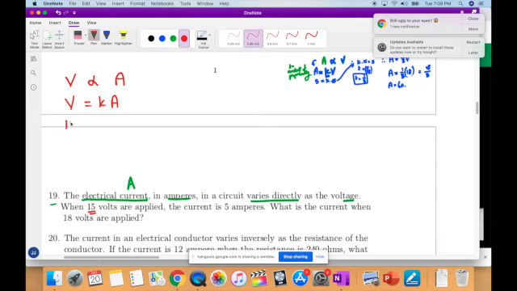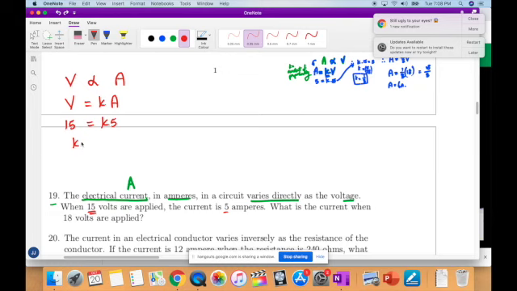So I have 15 volts is equal to K. I see what you mean though. Actually, 5 amps. Right? So yeah, that is true, because then K will be equal to 5. Actually, no, it wouldn't make a difference. Watch why, right? K will be, well, you're flinging the 5 across, so 5 over 15. No, sorry, that's wrong.